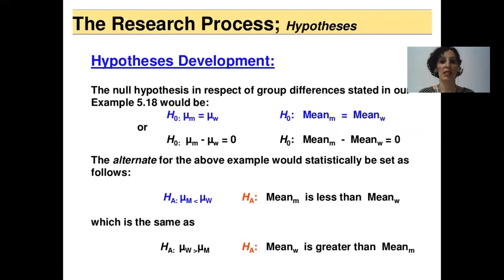And this is the more scientific approach to creating the hypothesis, the formulas. So the null hypothesis in respect of group differences in our example would be mean equal to 0, and the alternate would be statistically less than or greater than.